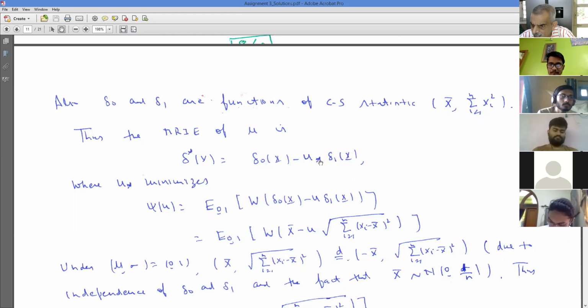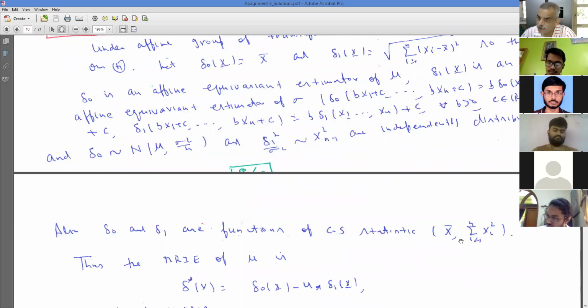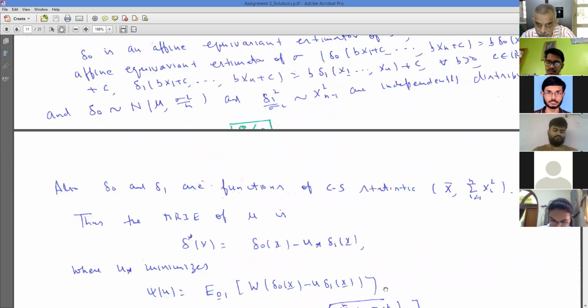Now here in the affine equivariant location scale family, I know that the affine group of transformations acts transitively. So the risk is not going to depend on mu and sigma. Not only that, your delta naught and delta 1 both are functions of the complete sufficient statistics x bar and summation xi square. So that conditional distribution will also not depend on W. Normally it should depend on W, right?